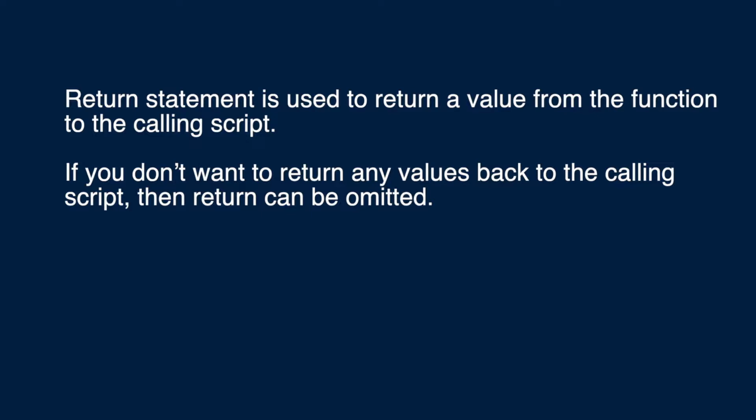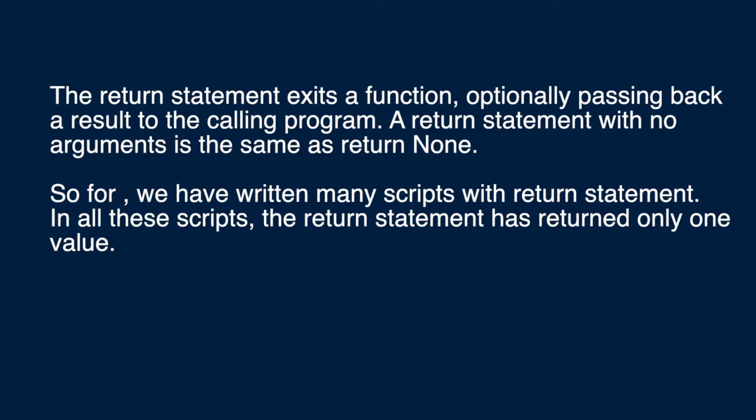If we do not want to return any values back to the calling script, then return can be omitted. The return statement exits a function, optionally passing back a result to the calling program. A return statement with no arguments is the same as return None.